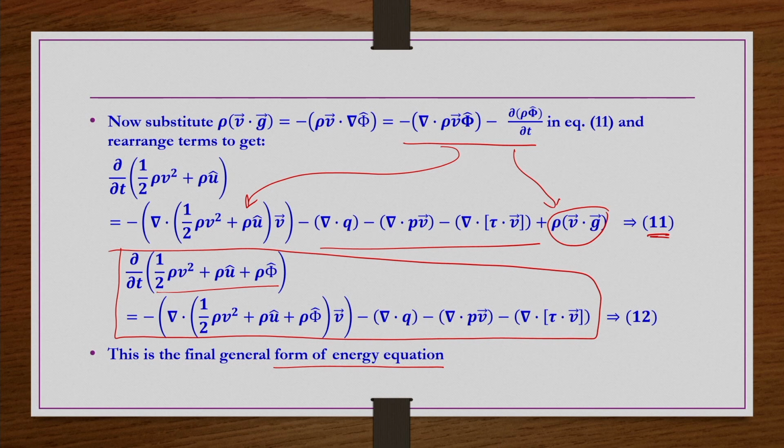If you use equation number 11 and equation number 12, and from this equation subtract the equation of change for kinetic energy plus potential energy, then the only term remaining is the equation of change for internal energy. So, either of the 2 ways we can do. We are going to make use of equation number 11, and from it we are going to subtract the equation of change for kinetic energy.